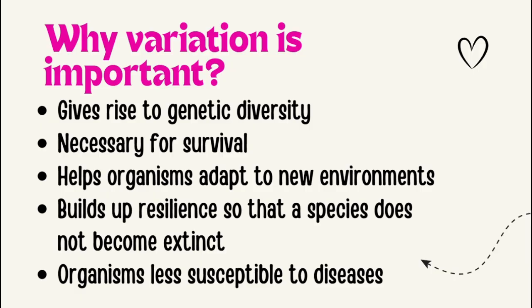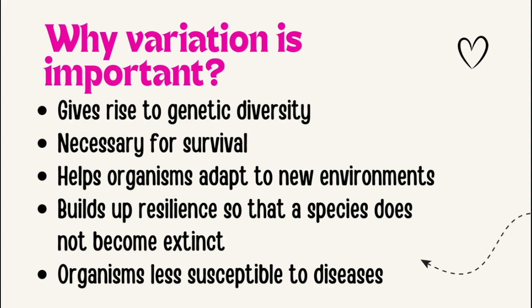Why? Because it leads to genetic diversity, right? It's necessary for the survival of any living organism, and it helps organisms adapt to new environments. It builds up resilience so that a species does not become extinct, and it also makes organisms less susceptible to diseases, right? And by the way, the variation comes from sexual reproduction and only sexual reproduction.